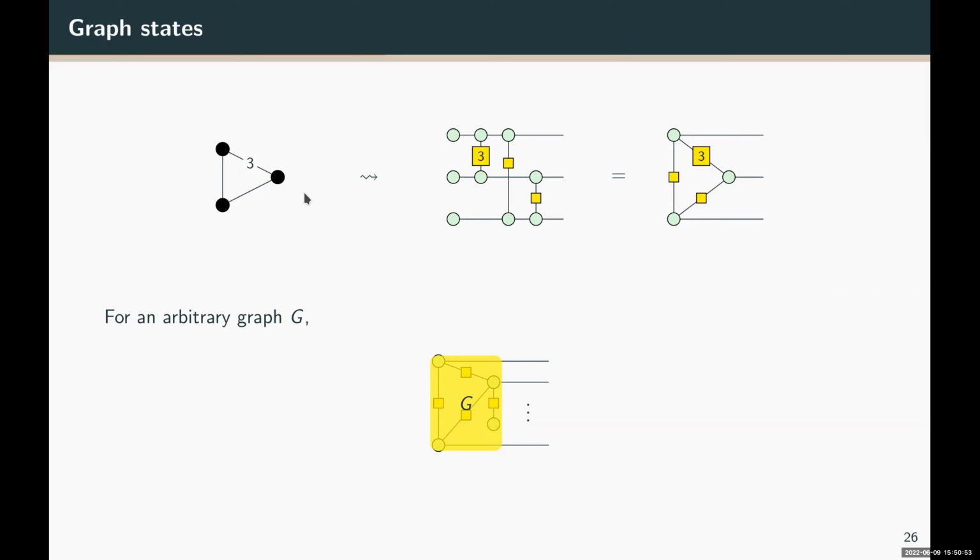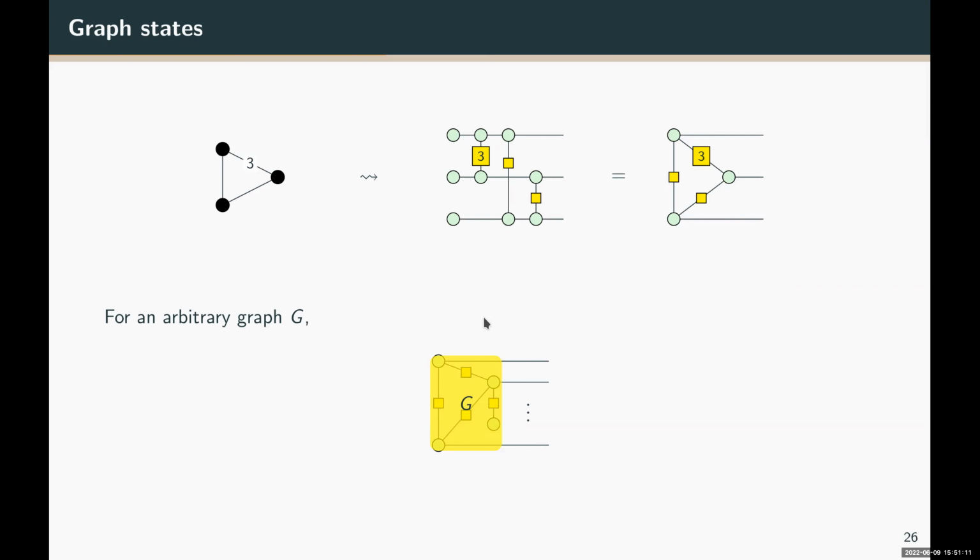And these are really useful, and in fact are the core of the proof of completeness for the stabilizer fragment in the qubit case, and for our proof of completeness here in the qubit case.